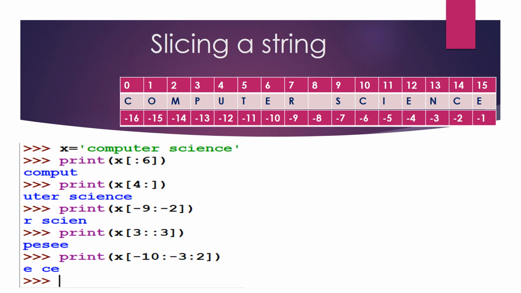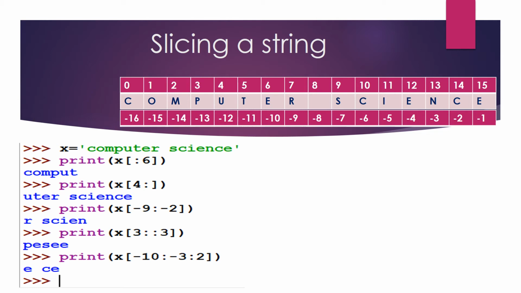And if the last value is not mentioned, that means it will automatically go till the last character of the given string. So the output will come COMPUT, because it will start from the beginning and take the 1, 2, 3, 4, 5, and 6 character.